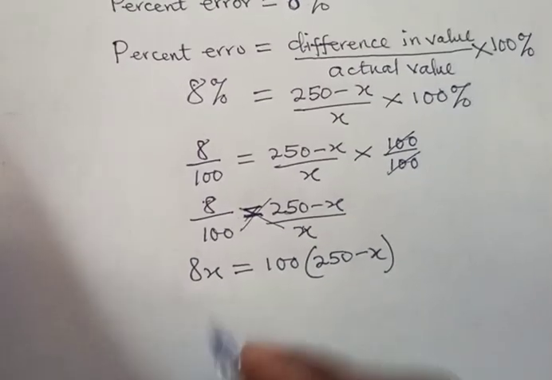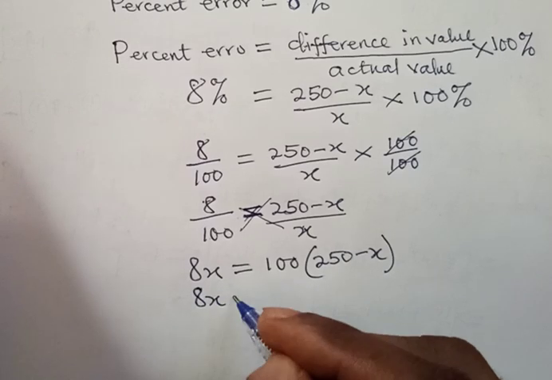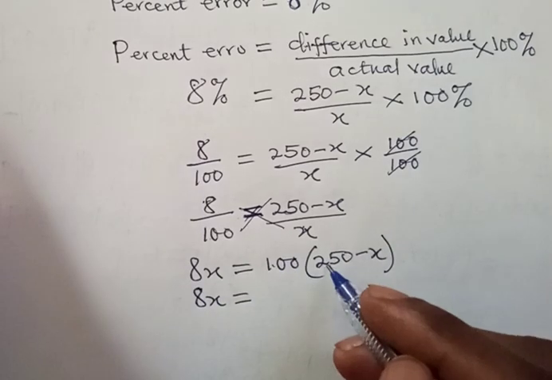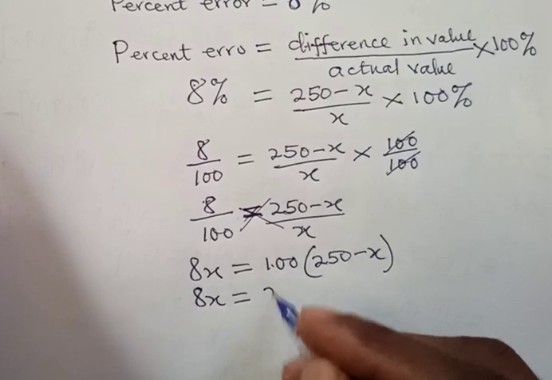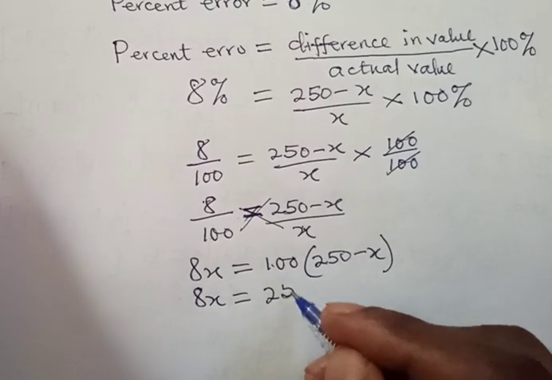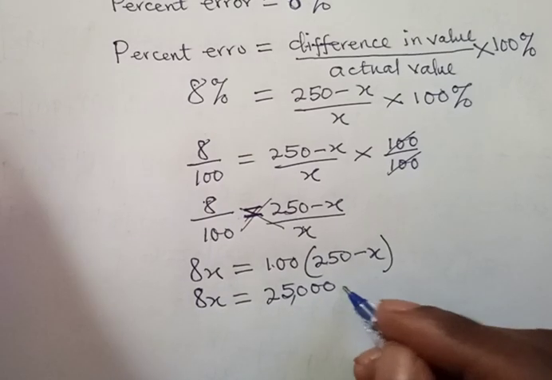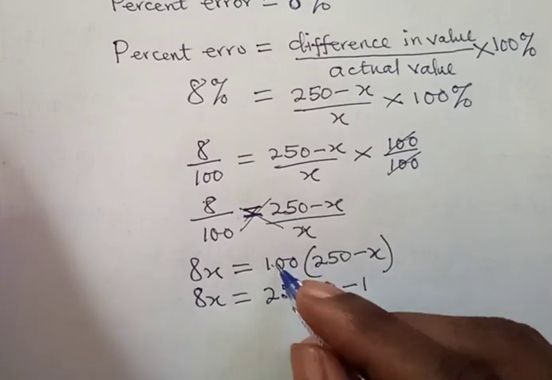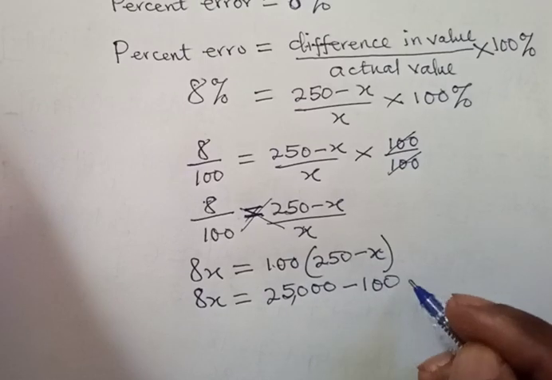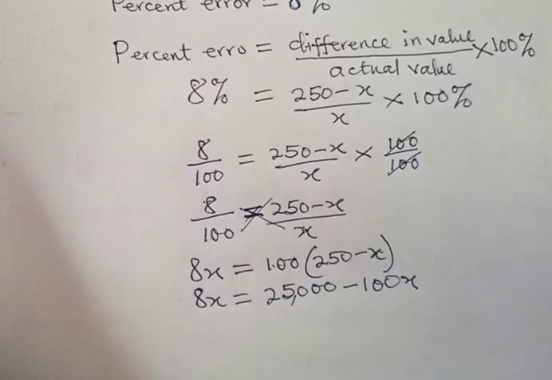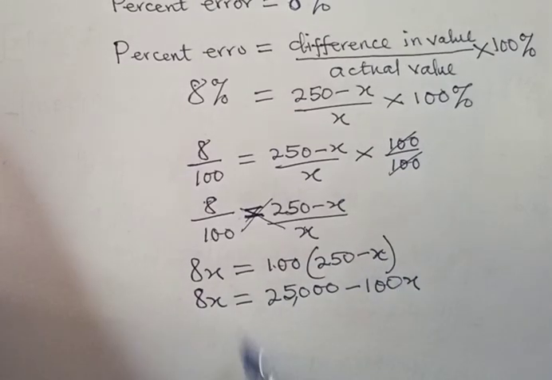Great. So my 8x should be equal to 100 times 250, which gives me 25,000 minus 100x. Good. Now we can group like terms.